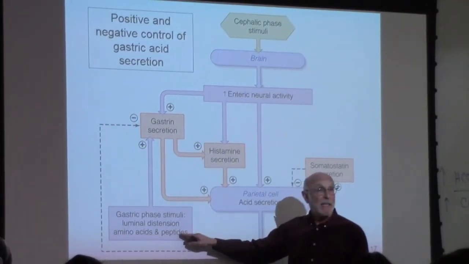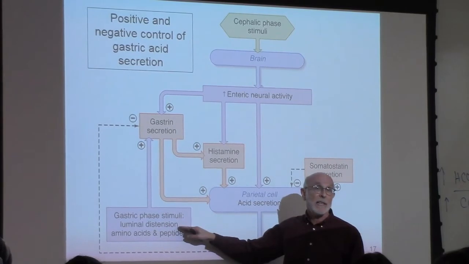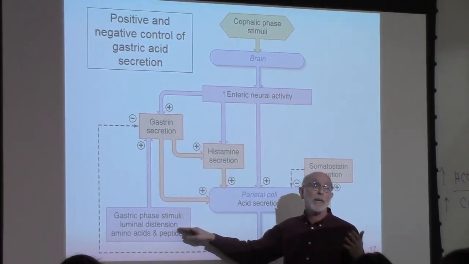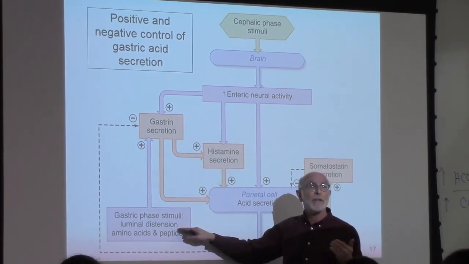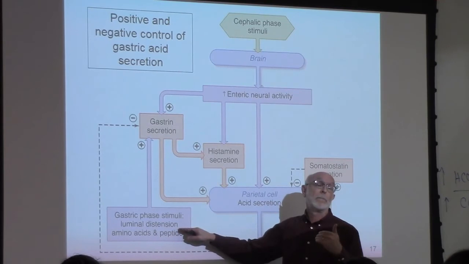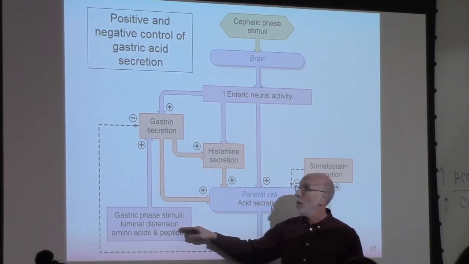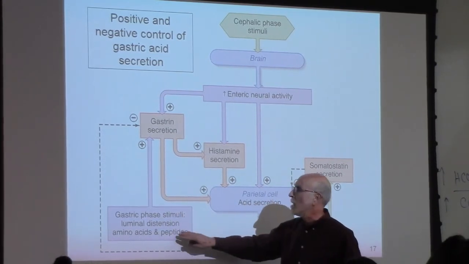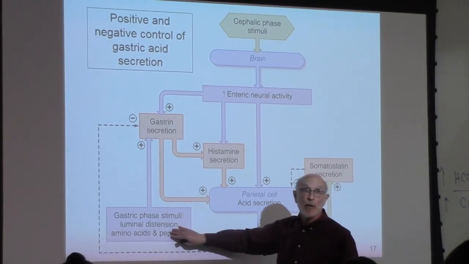peptides in the stomach, a decrease in the acid in the stomach, because after all, if we pump food into the stomach, that acid is now being mixed with food, so the pH of the stomach goes up, just because we're diluting the acid that was there before. And so all of these are gastric phase triggers: stretching of the stomach, peptides and amino acids in the stomach, frankly some carbohydrate in the stomach.